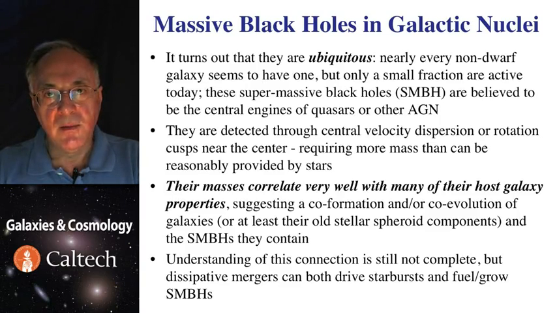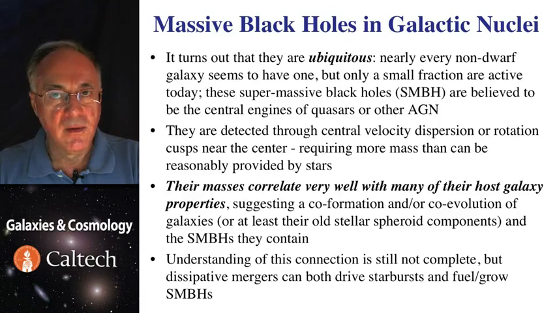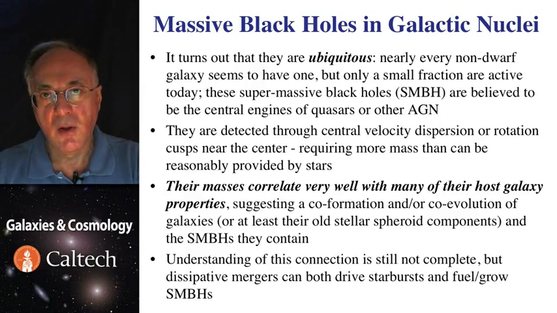And as it turns out, masses of these large black holes in cores of ellipticals, or in fact all galaxies, correlate remarkably well with a whole number of other properties of galaxies, and that is telling us something about formative and evolutionary mechanisms. We now, in fact, think about co-evolution of galaxies and their supermassive black holes.